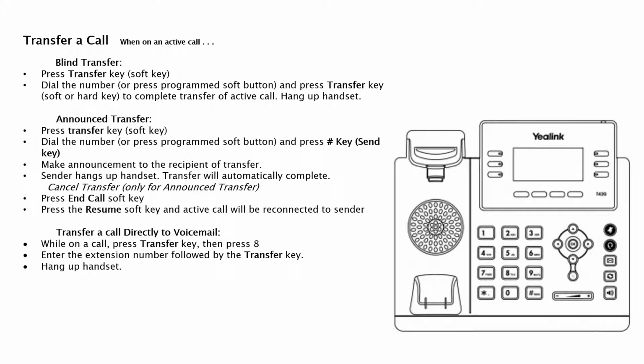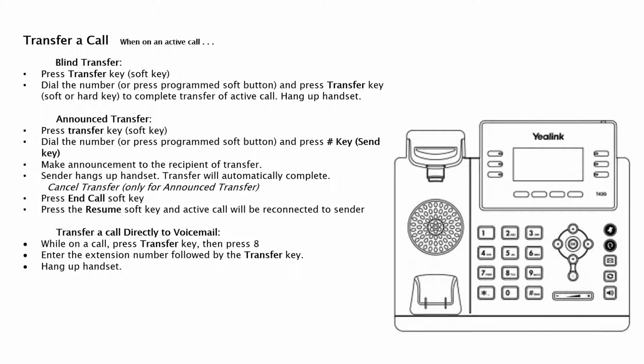So let's talk about transferring. Very common function that most people do throughout their day. When you're on an active call and that needs to go to a different extension, you'll hit the transfer soft key. So you'll notice transfer, an abbreviated version of transfer, in the display above the button that you would push.